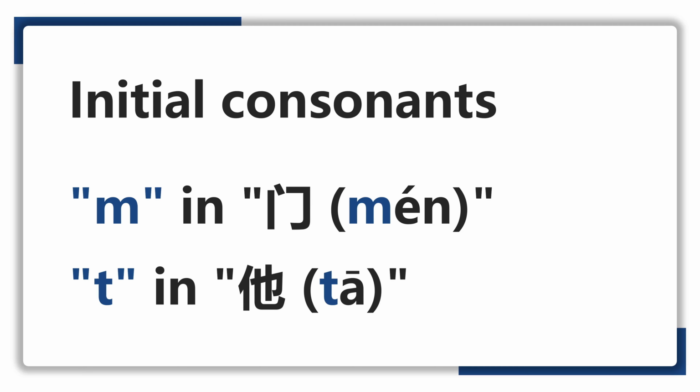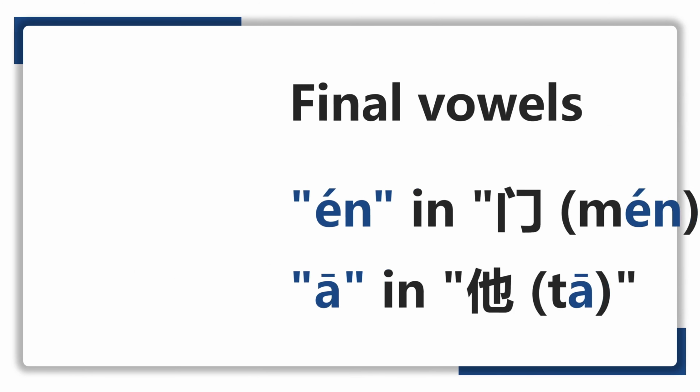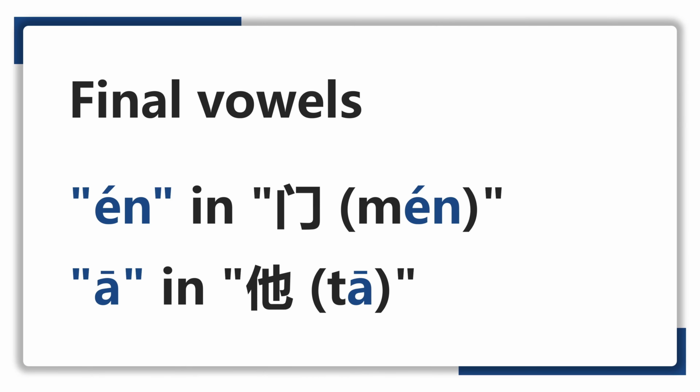In Chinese, there are 23 initial consonants. Final vowels are the part after the initial consonants in a syllable, such as en in men, and a in ta, which are the core vowel parts of pronunciation. In Chinese, there are 39 final vowels.